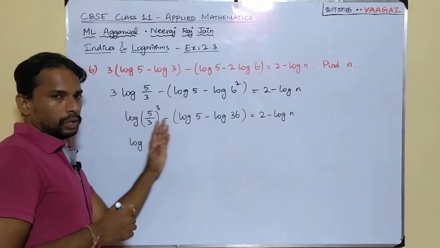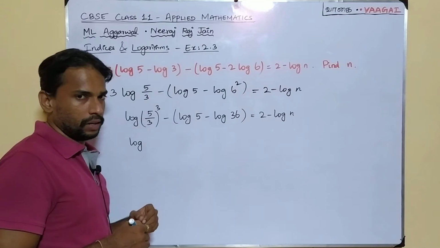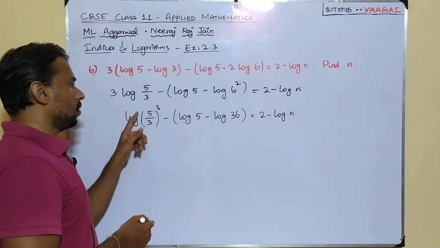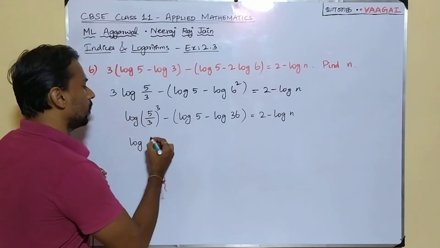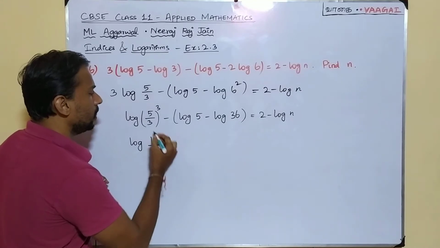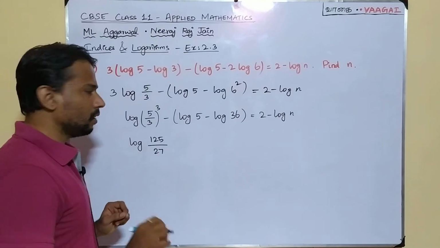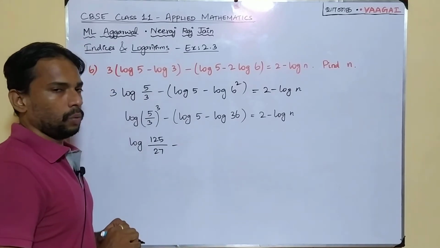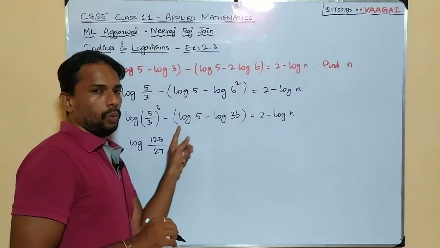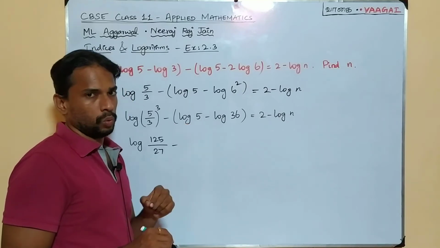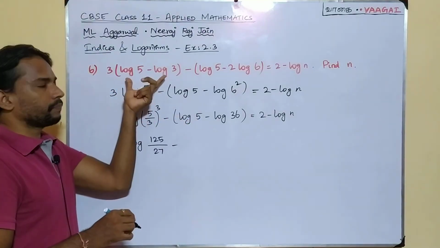I can just distribute the power to both numerator and denominator. If I do that, what happens? 5 cube will be 125, divided by, in the denominator we have 3 cube, that's nothing but 27. Clear? Minus, now again here we can use the quotient rule, like how we used here.